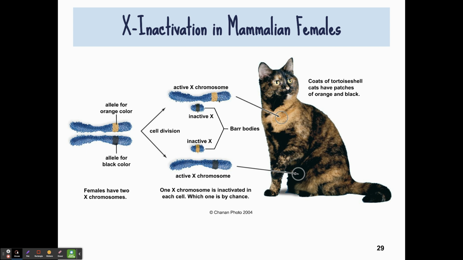Females can be both orange and black. Like we said, females have two X chromosomes. One X chromosome is inactivated in each cell, which is by chance. As we see here, this is an active X chromosome for the orange. This one here is inactive orange, but the black chromosome here is turned on.